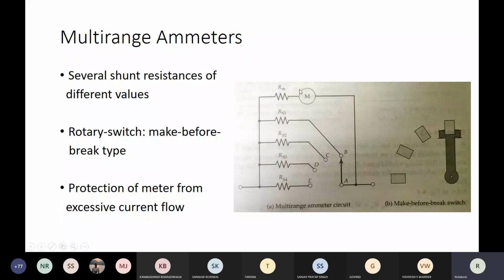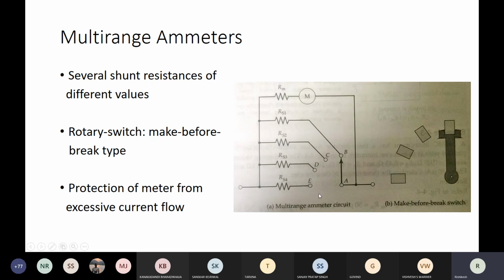So for each range, in fact, you must have seen, I don't know how many of you use multimeters. A multimeter comes with a knob to choose the range of the values of current or voltage you want to measure, like 0 to 5 volts or 0 to 20. So for the voltmeter, and for the current also, you can have the choice depending on the knob.